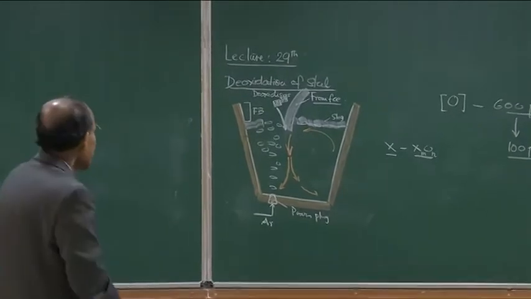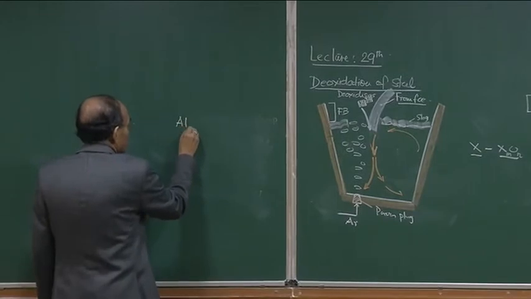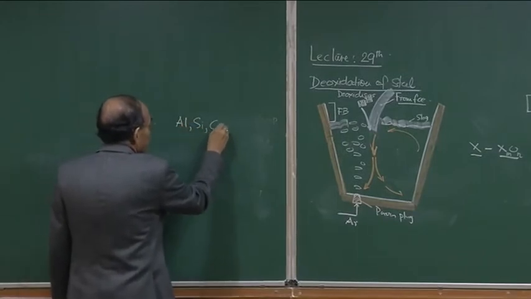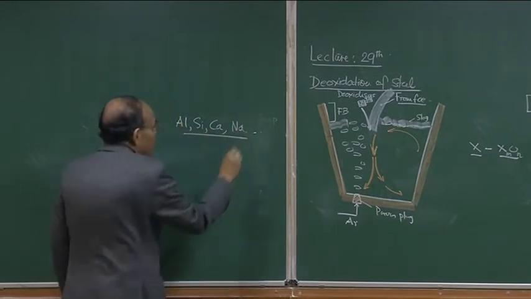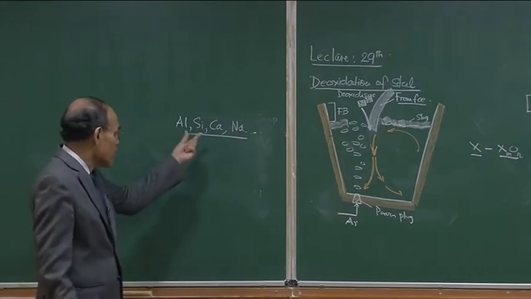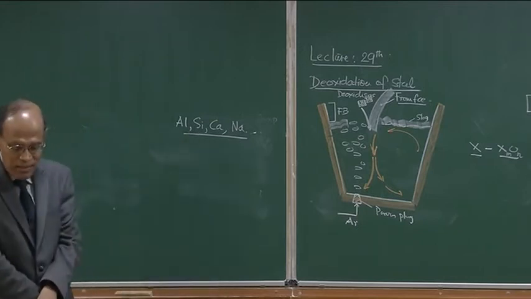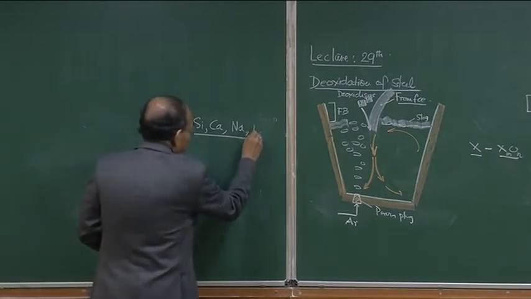In that list, we will have aluminum, silicon, calcium, sodium, etc., which appear to be the preferable candidates for deoxidation. Now, even magnesium.